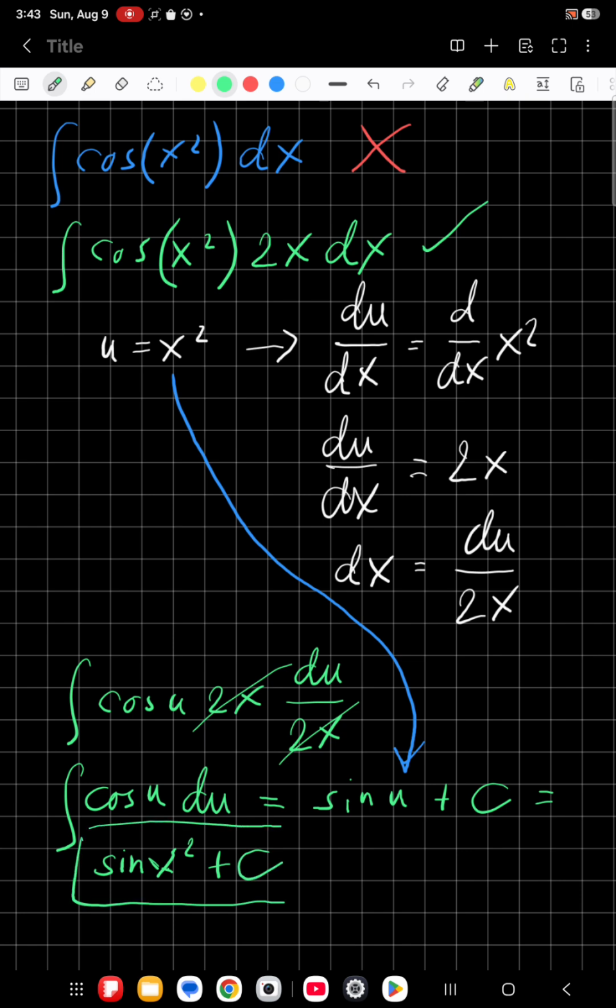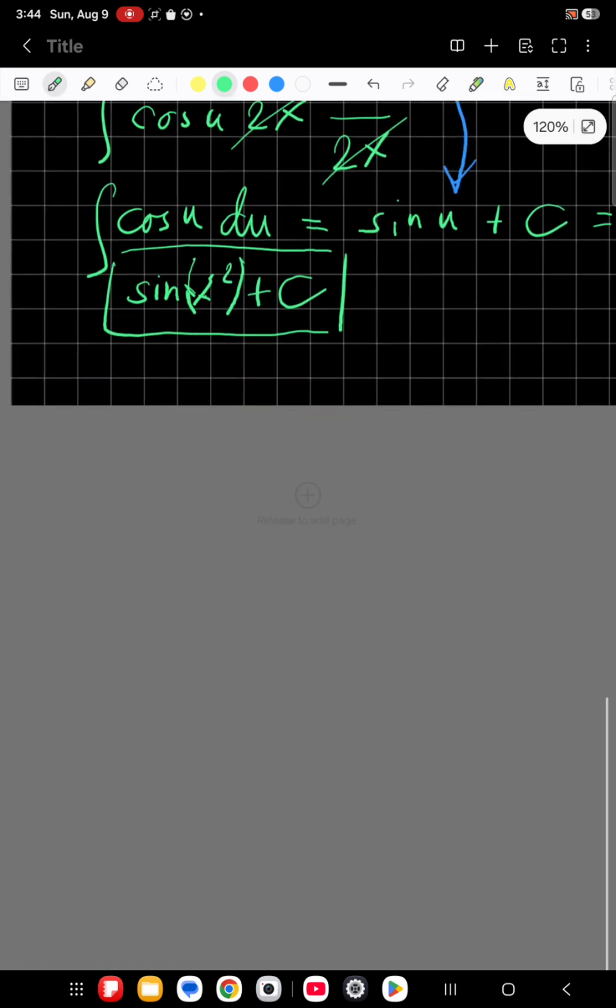Okay, so this is how that substitution works. We'll do more examples. This is kind of unclear, but this needs parentheses, so x squared is inside the sine.